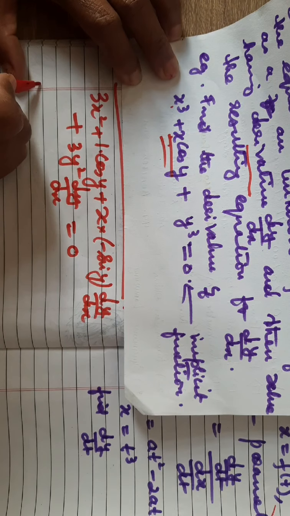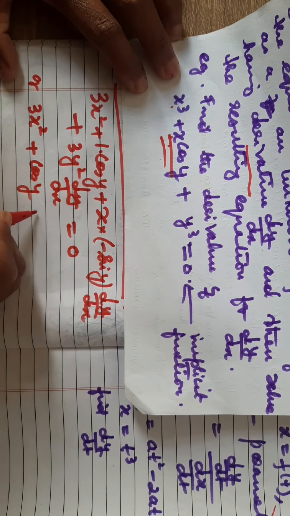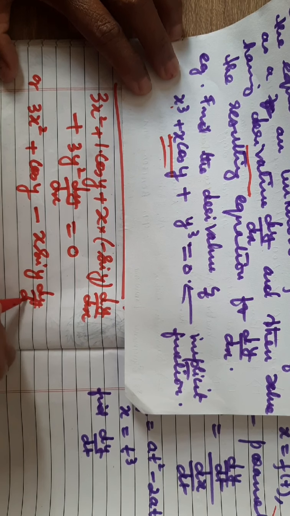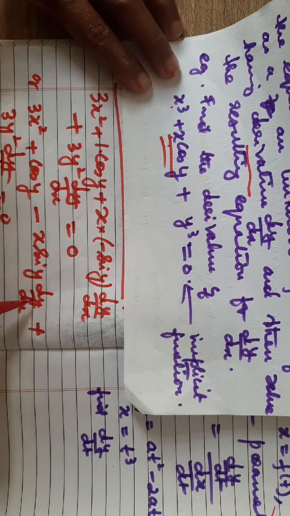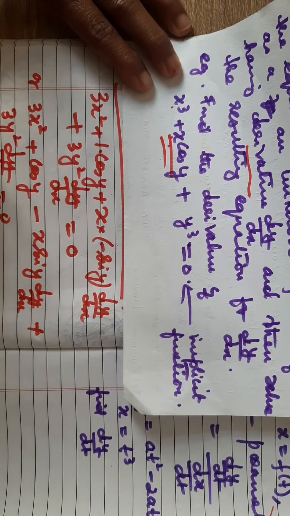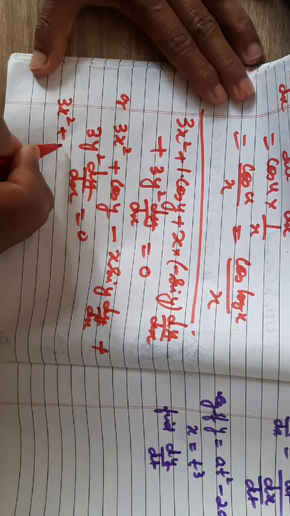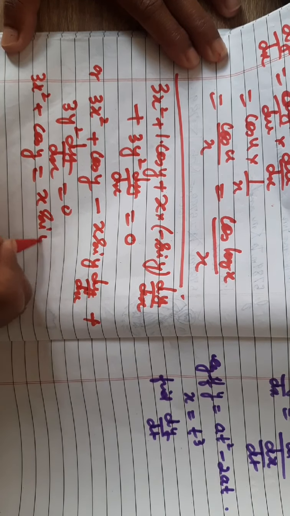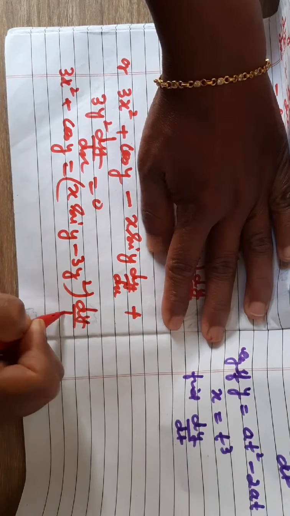Then after that, simplify it, you'll get 3x squared plus cos y minus x sin y dy/dx plus 3y squared dy/dx equal to 0. Transfer all multiples of dy/dx to that side, then you'll get 3x squared plus cos y is equal to (x sin y minus 3y squared) into dy/dx.